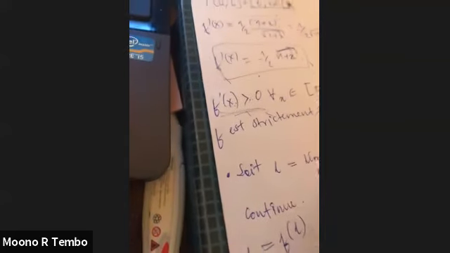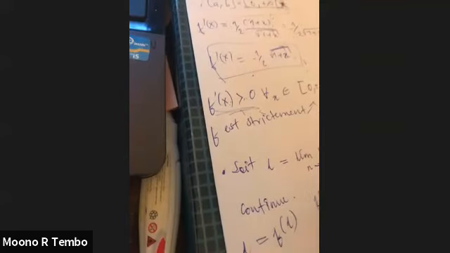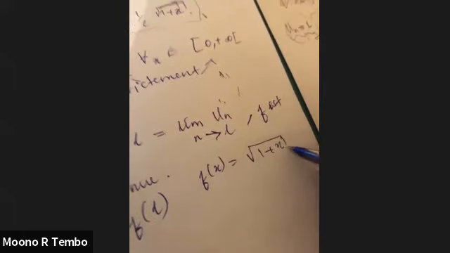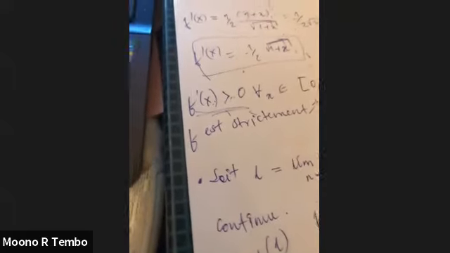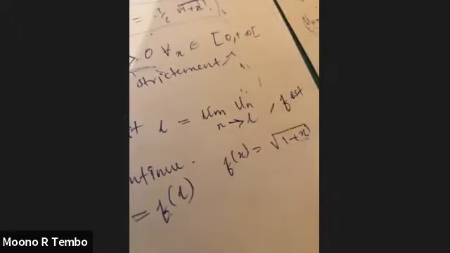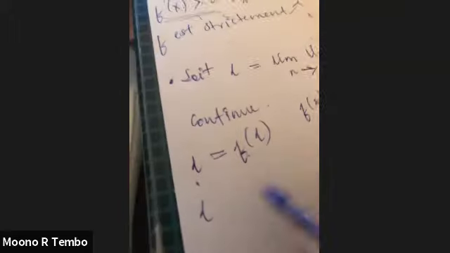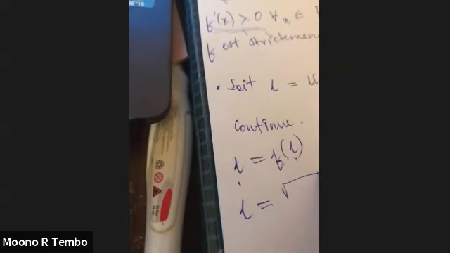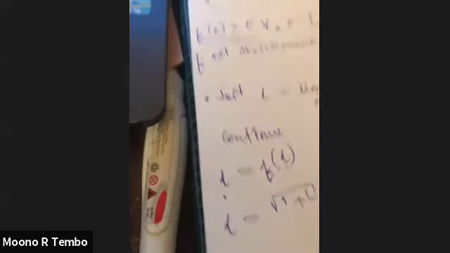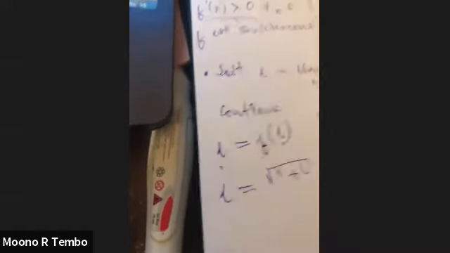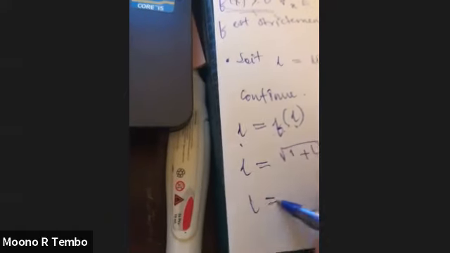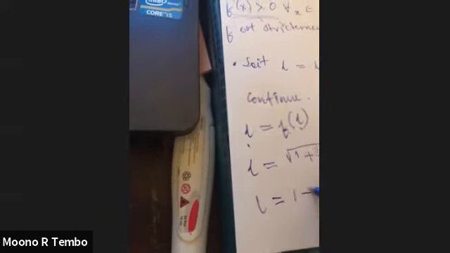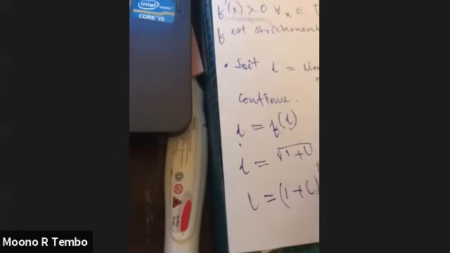Our f of x was initially the square root of 1 plus x. Now it's f of L, so where there's x, you put the L. So L is equal to f of L, which becomes the square root of 1 plus L. Then from here, simplify. Now L is equal to the square root of 1 plus L, which is the same as saying 1 plus L, everything to the power half, right?